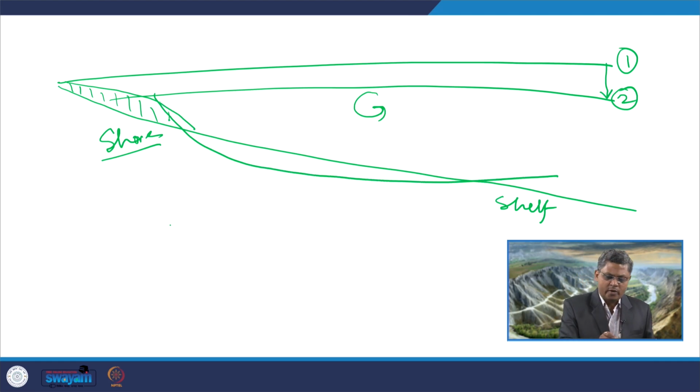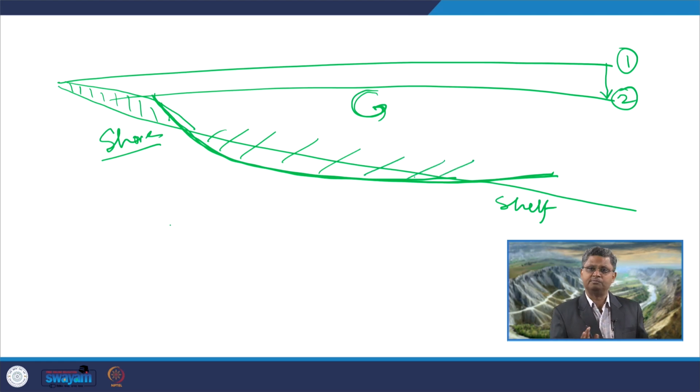So, when we have the wave equilibrium going on with respect to this level 2 of base level, in such a profile, that means this area is prone to erosion. Any sediments coming in over here will be removed by wave reworking processes.